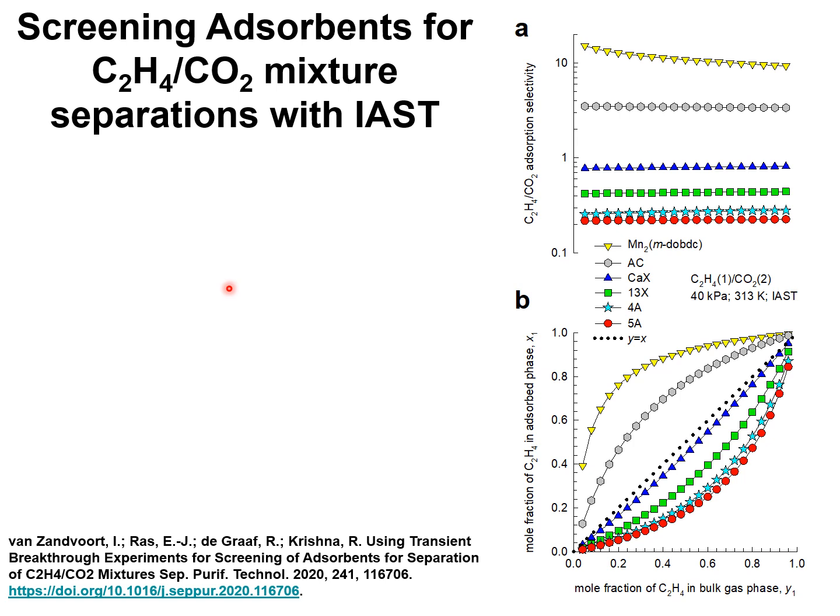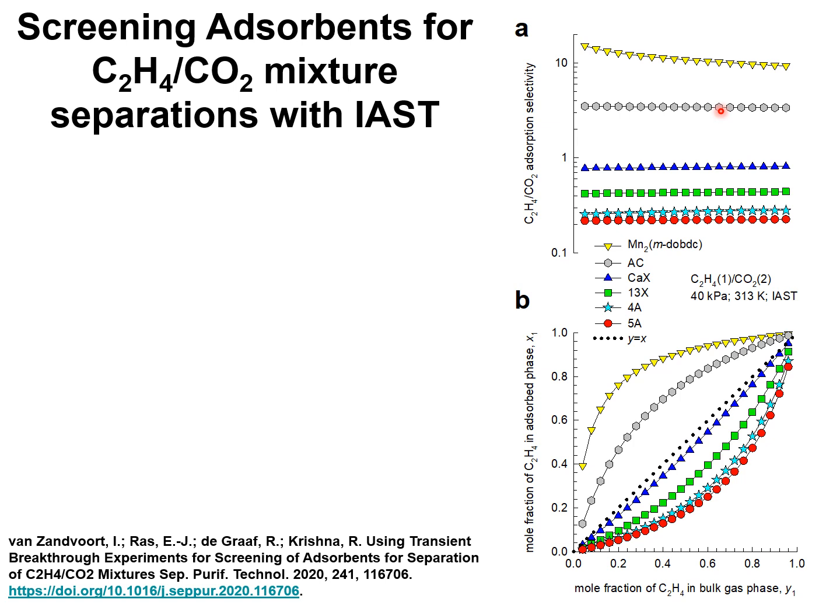Let us screen the adsorbents for ethene CO2 separations by examining the adsorption selectivity as a function of mole fraction of ethene in the bulk gas phase mixture. The most selective adsorbent is Mn2(m-dobdc) from Jeff Long's group at the University of California in Berkeley.